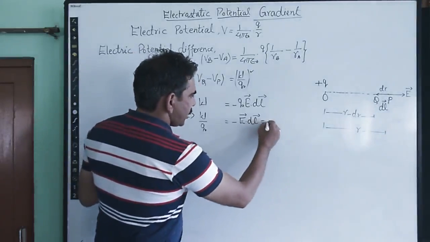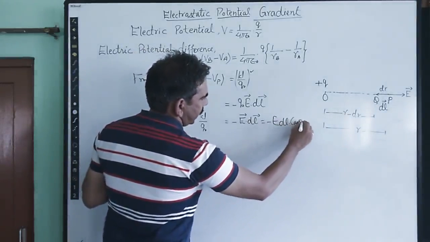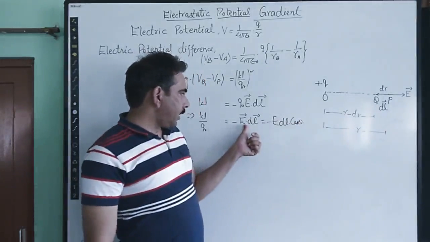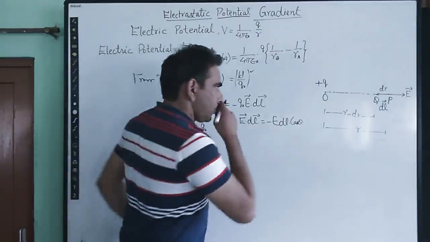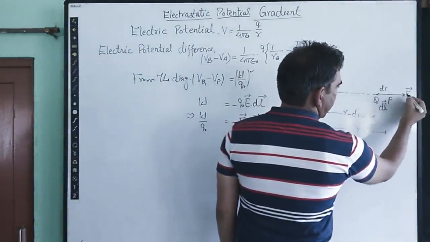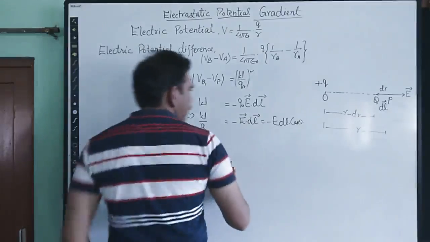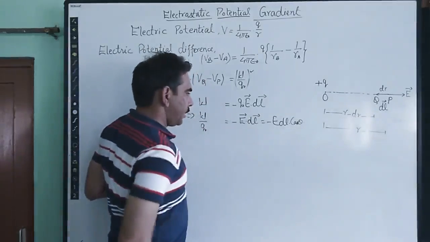So this can be written as minus E into dl into cos theta, where theta is the angle between the electric field and the length element dl. As we are taking that the electric field is directed in the forward direction, whereas displacement dl is in the reverse direction, there is an angle theta of 180 degrees here.